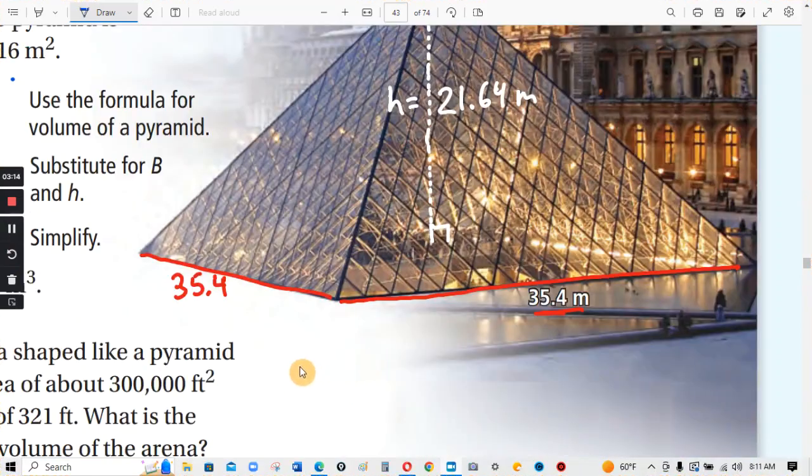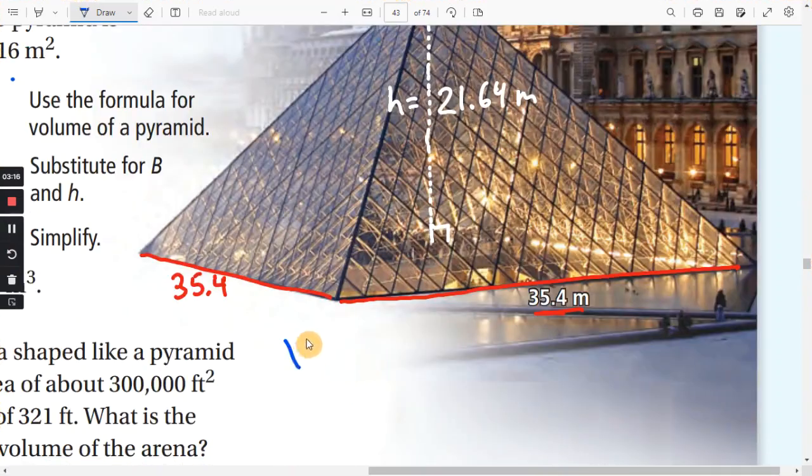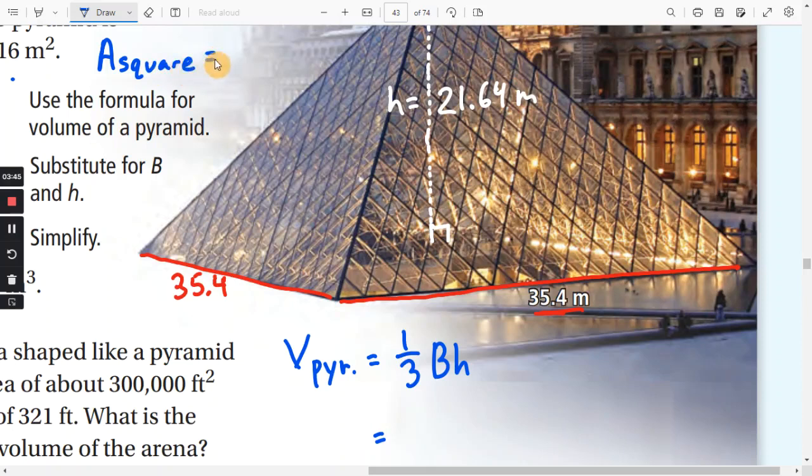So we said at the beginning the volume of a pyramid, I'll just write PYR, is going to be 1/3 capital B times H. The base in this case is a square, and we know that the formula for the area of a square is just side times side, which equals S squared.